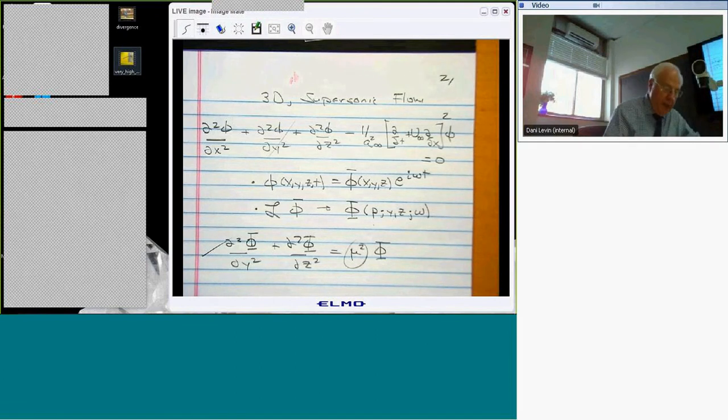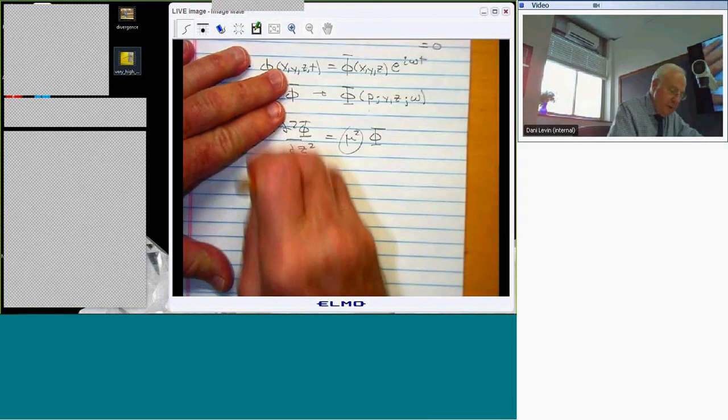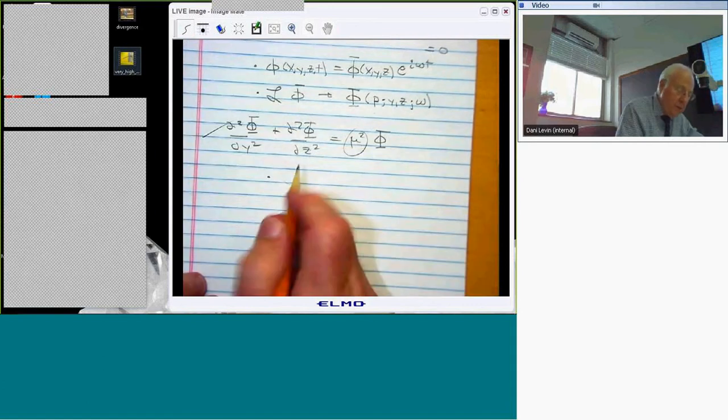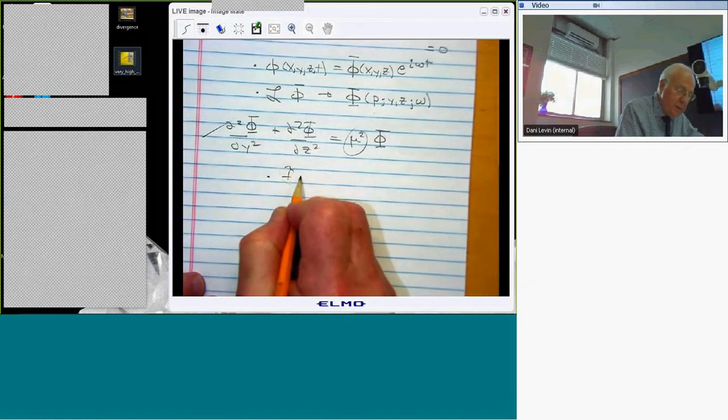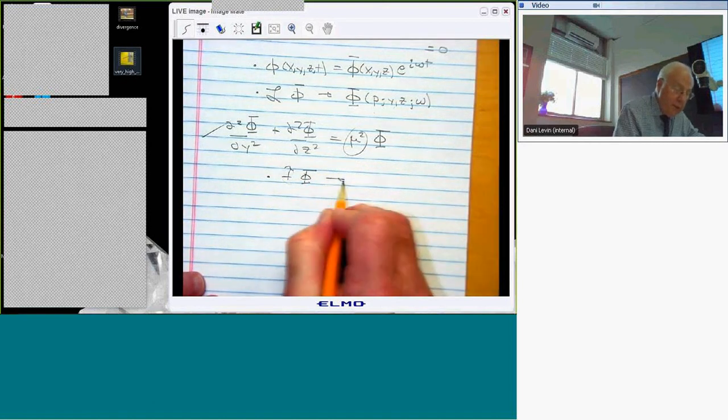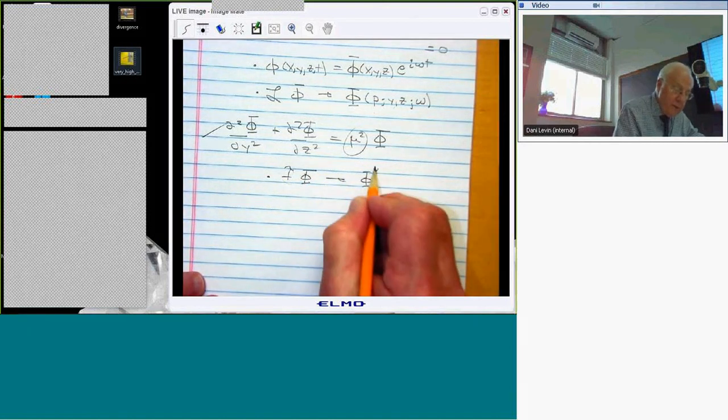Okay, so now, with that said, we're going to take the Fourier transform of capital Phi with respect to y, and I'm going to call that Phi star, which is what I called it in the book.